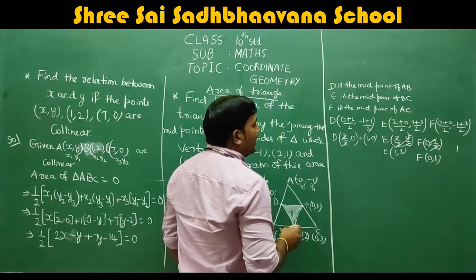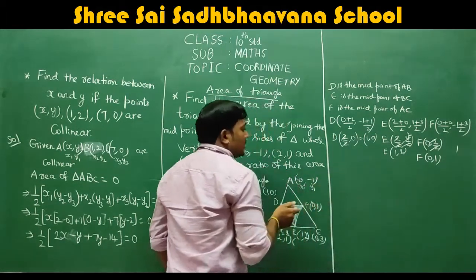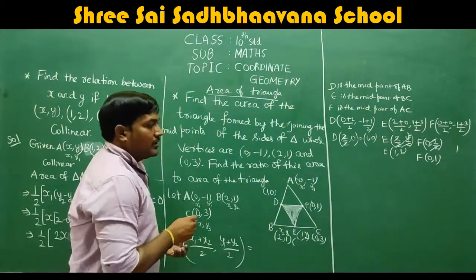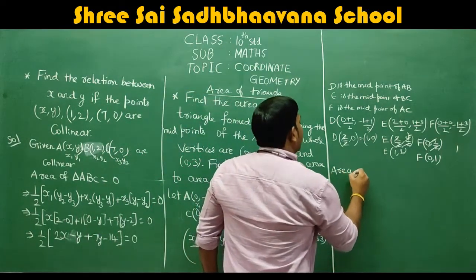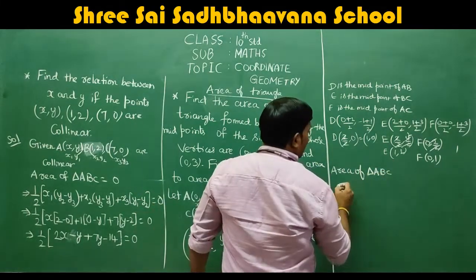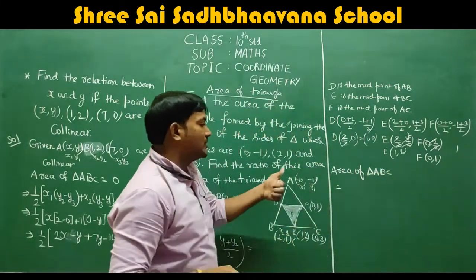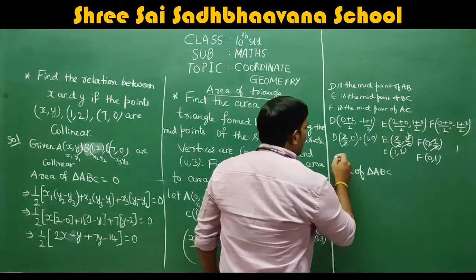So now you find the area of the triangle. I'll just do the area of triangle ABC here, and DEF over there, so that we don't run out of space. So area of triangle ABC. What is the formula? We just have to use the formula.